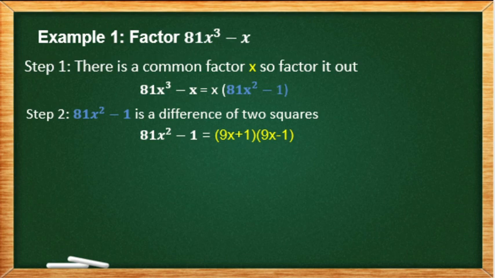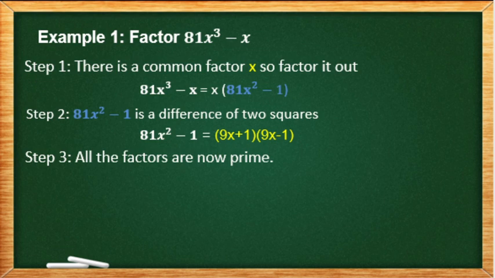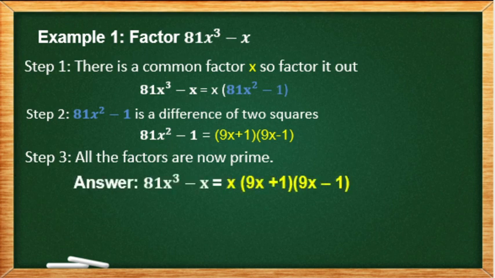The square root of 1 is 1. Use the pattern of a plus b and a minus b. Ang a natin ay yung 9x. Ang b natin ay 1. So, lahat na nakadilaw, that will be the prime factor. So, all factors are now prime. So, the factor of 81x cubed minus x is the product of x, 9x plus 1, and 9x minus 1.